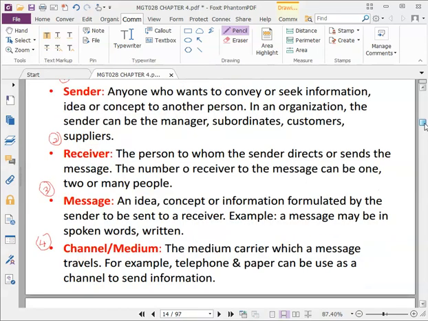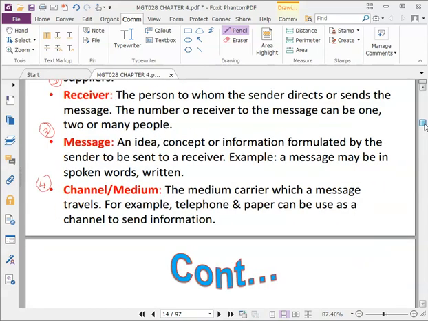Okay, channel or medium, the carrier by which a message travels. For example, telephone and paper can be used as a channel to send information. Telephone, paper, okay, kita ada banyak sekarang WhatsApp. Apps communication kita dah banyak. Okay, WhatsApp, apa lagi? Google Meet.